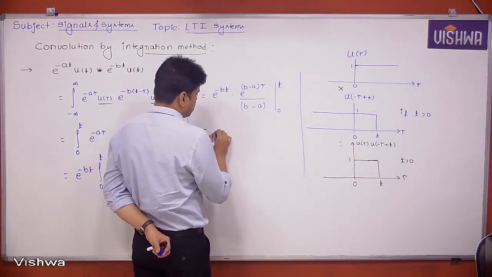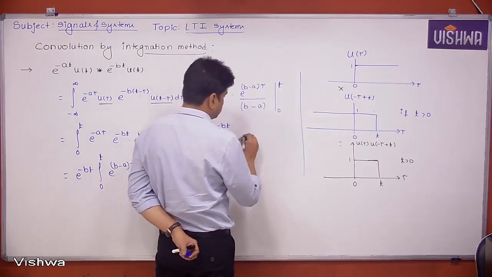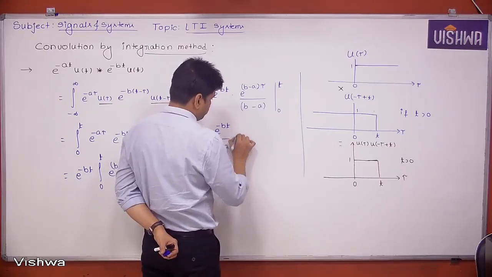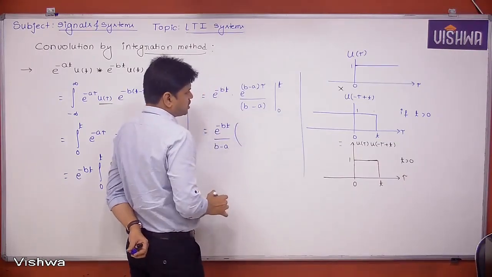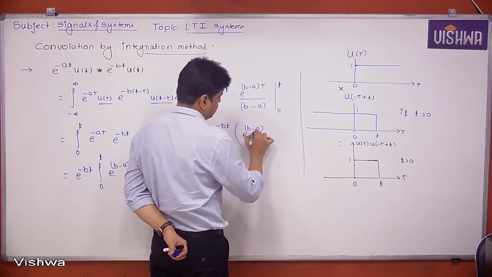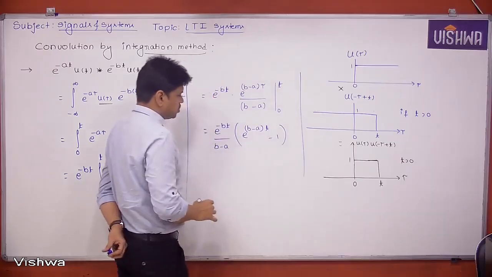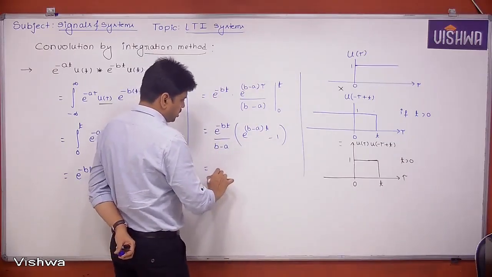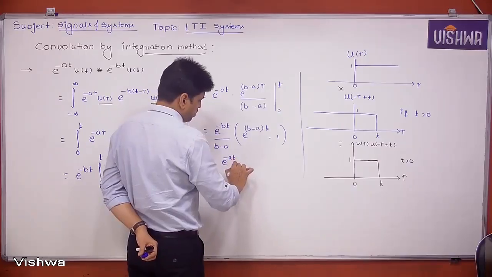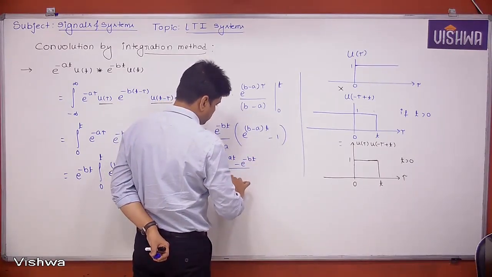So this is going to be e power minus bt by (b minus a). First, if I substitute t, e power (b minus a)t minus 1. If I multiply with e power minus bt, e power bt gets cancelled: e power minus at minus e power minus bt by (b minus a).